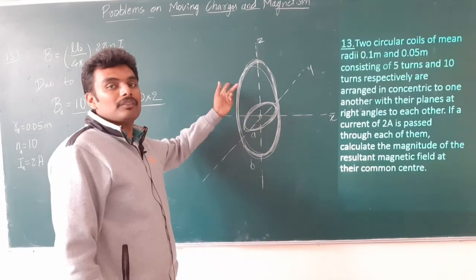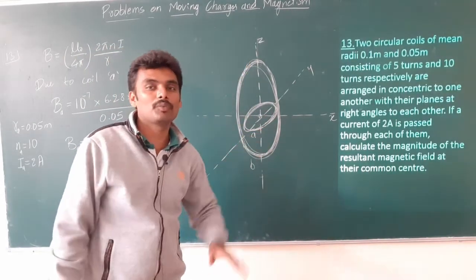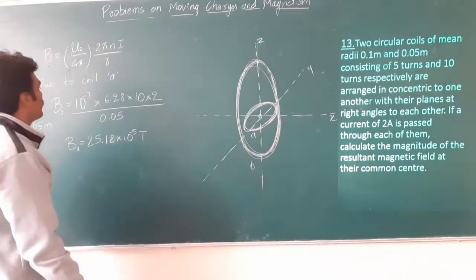In the reference they have exchanged, they have taken this as coil A and this as coil B. There's no problem. You can take it.